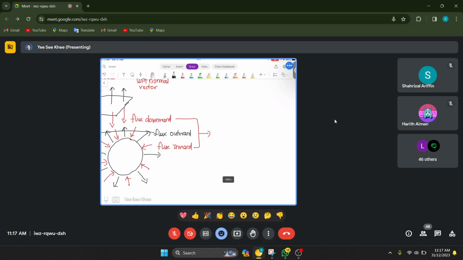So what are the formulas? For the flux downward or inward, you can refer to your module.